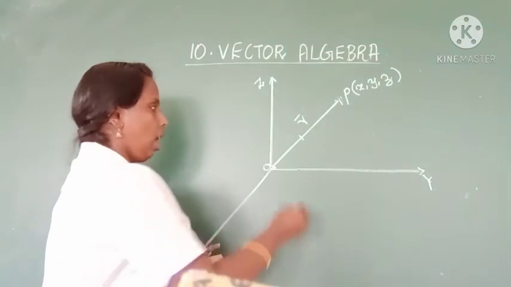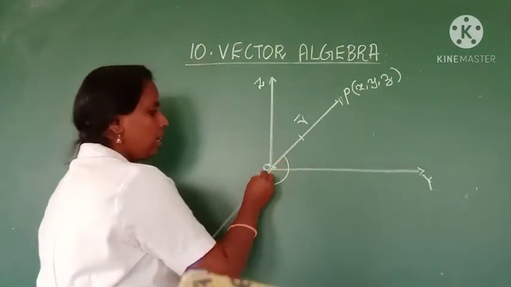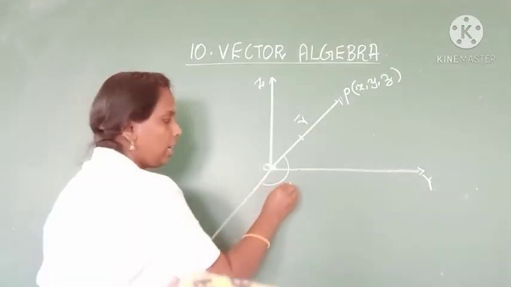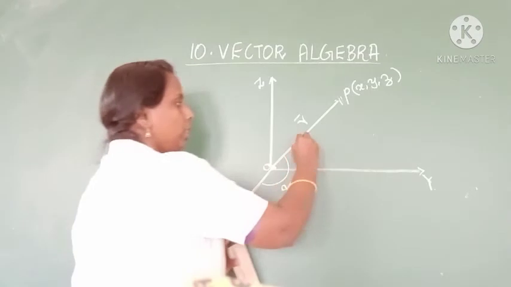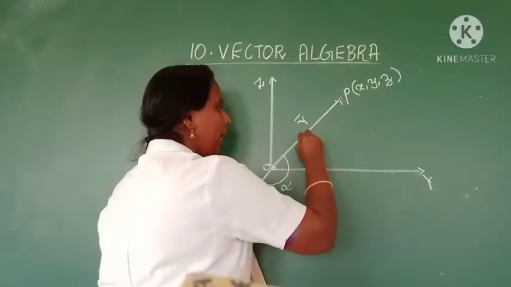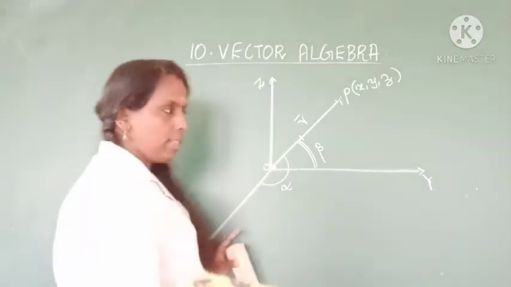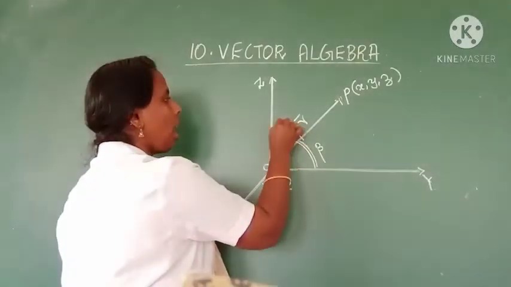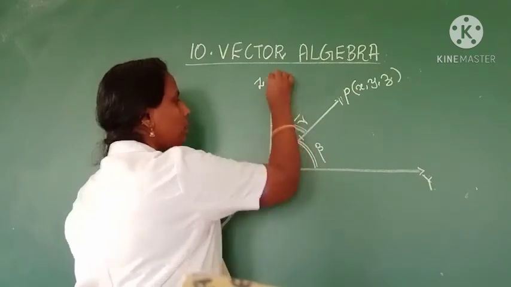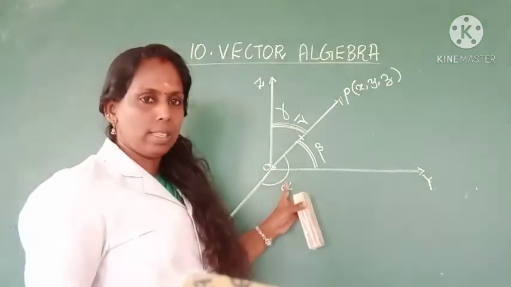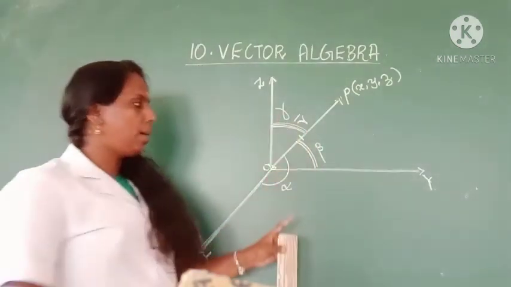This position vector makes an angle alpha with the positive x direction, an angle beta with the positive y-axis, and an angle gamma with the positive direction of the z-axis. Is that clear? Alpha, beta, gamma.